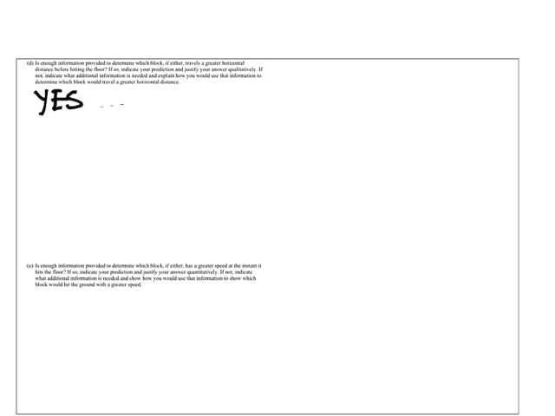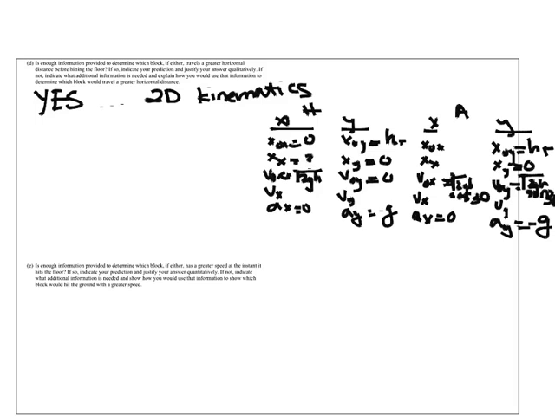And it's basically a 2D kinematics problem. So what we can do to think about this before you start to justify your answer qualitatively is make an XY chart for both H and A. So here are my XY charts.